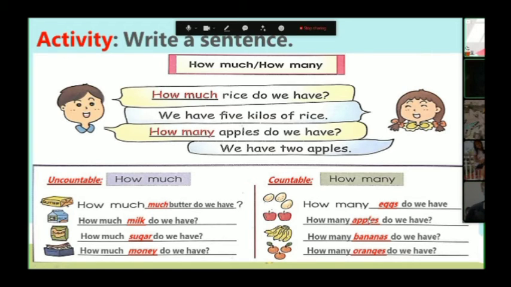Okay, next, apples. How many apples do we have? Apples. Say the letter S. Because when we say apple, it means only one, isn't it? When we say apples, it means many. So, how many apples do we have?